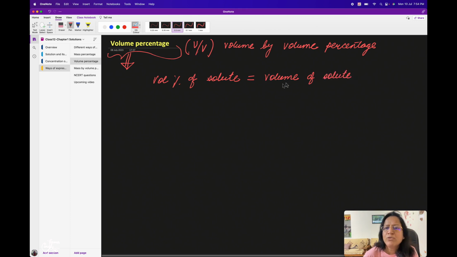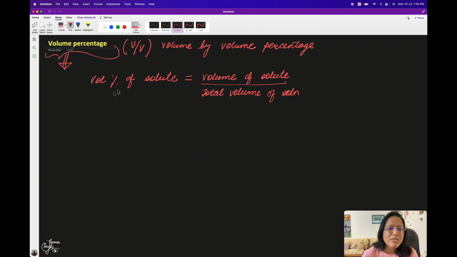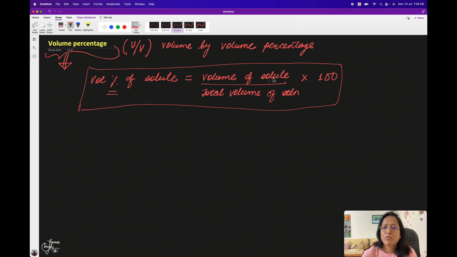Volume of solute divided by total volume of the solution. There it was total amount of the solution or total mass of the solution. Here we talk about total volume of the solution. And since we are talking in terms of percentage, don't forget to multiply it by 100. Fine. Okay. So this is volume percentage of solute. If you want volume percentage of solvent, same way, volume of solvent divided by total volume of solution into 100.